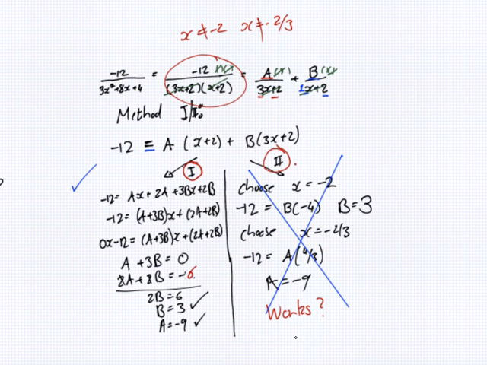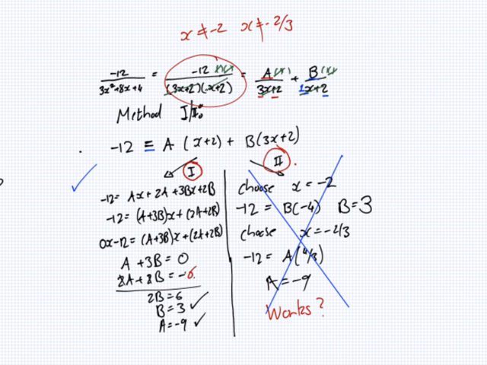How do you come out with minus 12 equal Ax plus 2B? Method 1 or 2? Method 1 and 2. How do I get this? In the green, I multiplied my 3 fractions by these 2 factors.